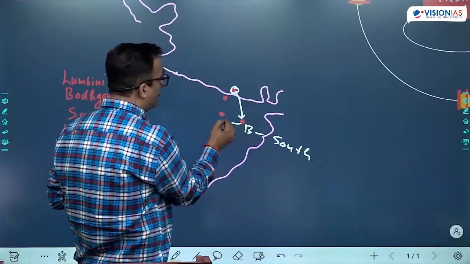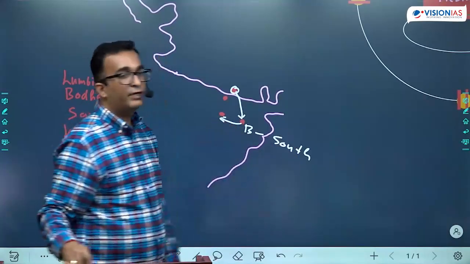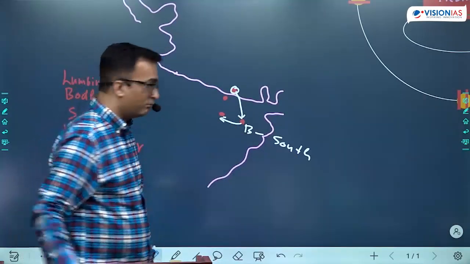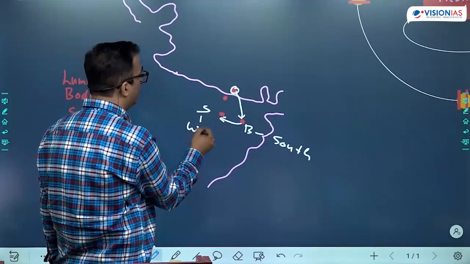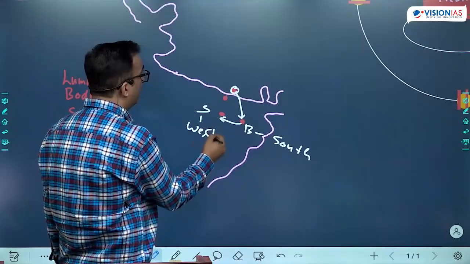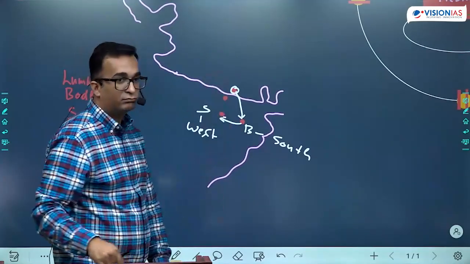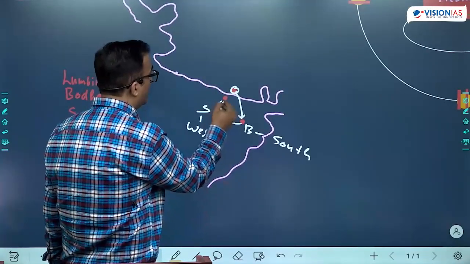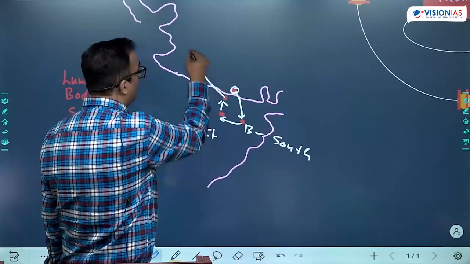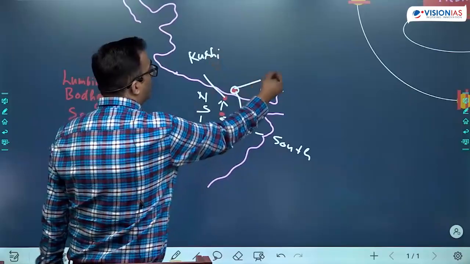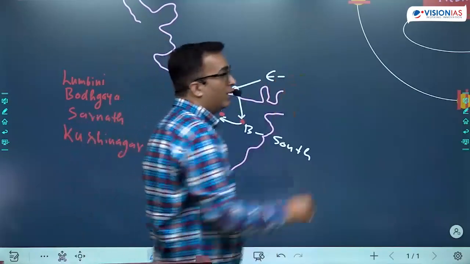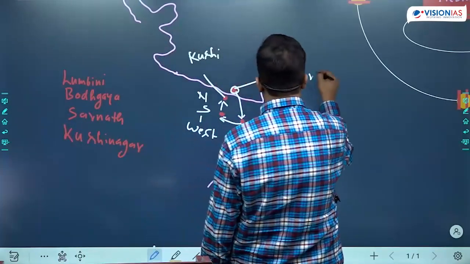From Bodh Gaya to give his first sermon he moves west, and this is Sarnath, so we call Sarnath west. From there he moves north, and north is Kushinagar. So this automatically becomes east, and east is the birth.